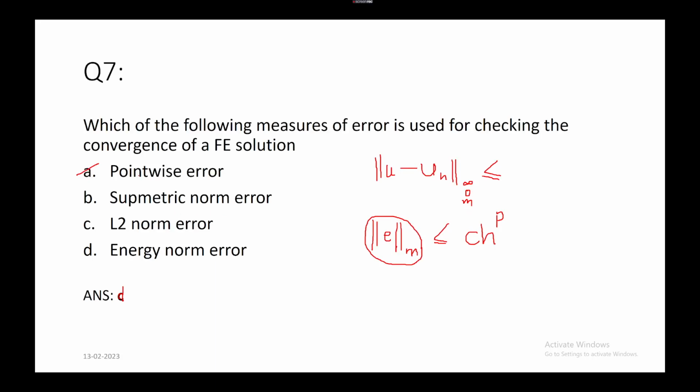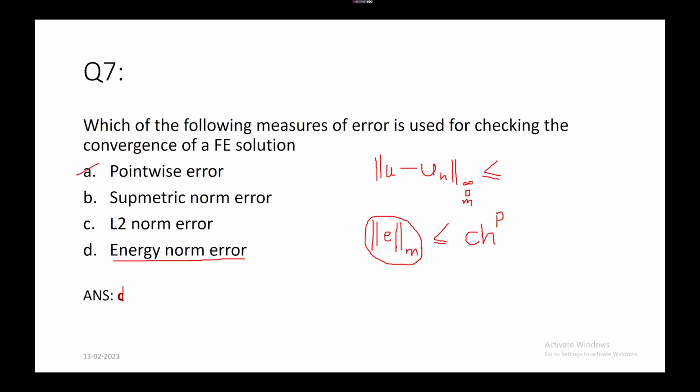If it were pointwise errors, there would not be any double modulus at all. So the answer should be energy norm error. We check the energy norm error for the FEA solution, and it has to satisfy this expression. That is the procedure for checking the convergence of the FEA solution.